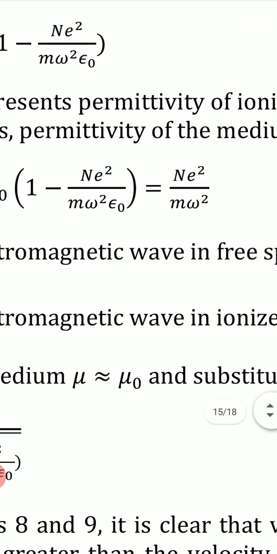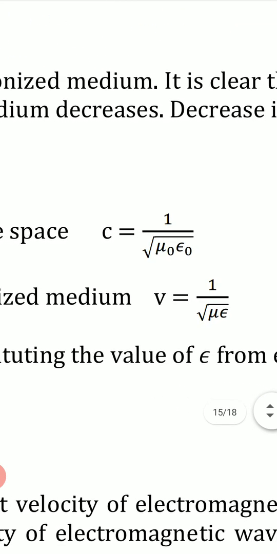The velocity of an electromagnetic wave in free space is given by c equal to 1 upon under root mu 0 epsilon 0. This is the velocity of the electromagnetic wave. It is equal to the speed of light in vacuum.